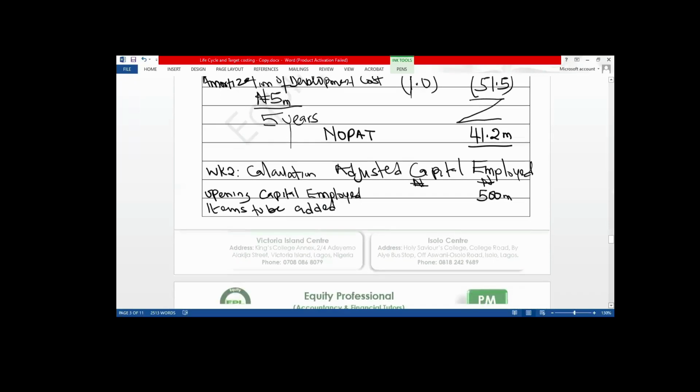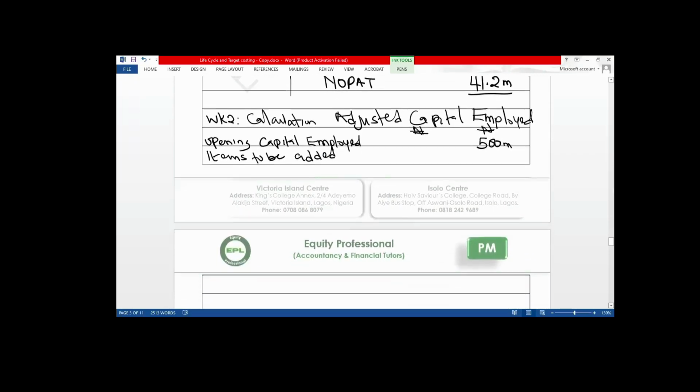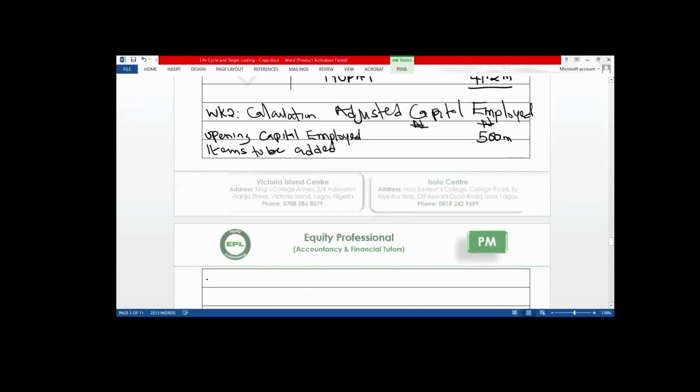This item must be added back. It's from figure 5. Non-capitalized leased asset. What is the value, please? 18 million. We are going to add this amount.